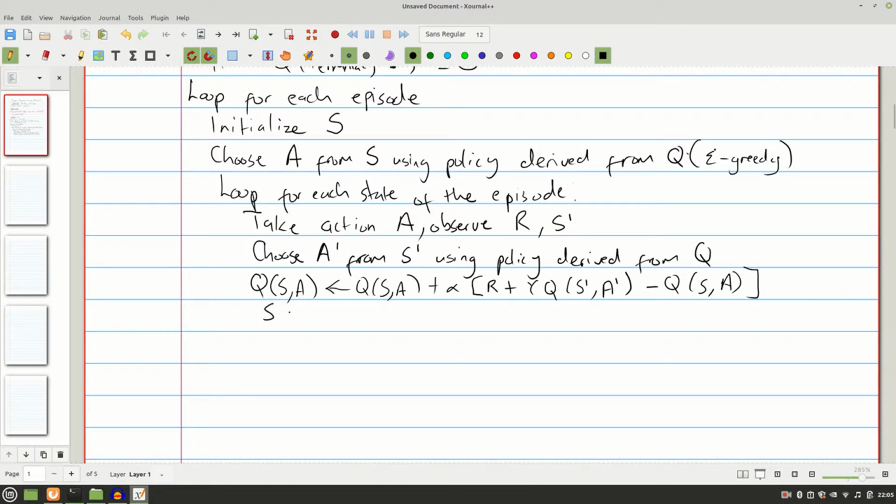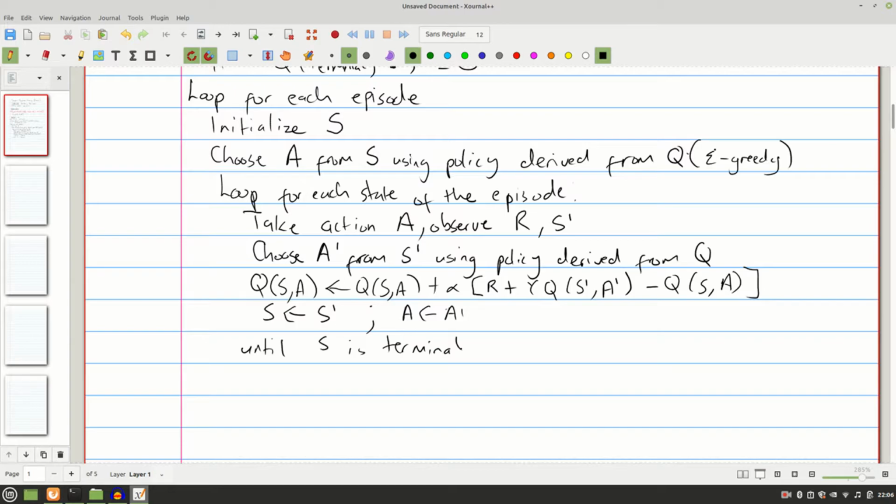And then we update S to be equal to S prime, and we make A equal to A prime. And we're going to continue this until we reach a terminal state. So this is the basic approach we use for this algorithm. This is the SARSA algorithm.